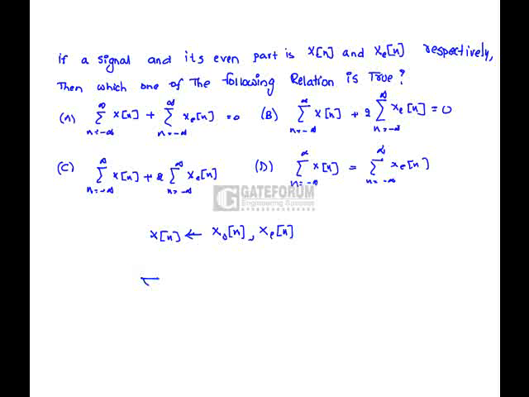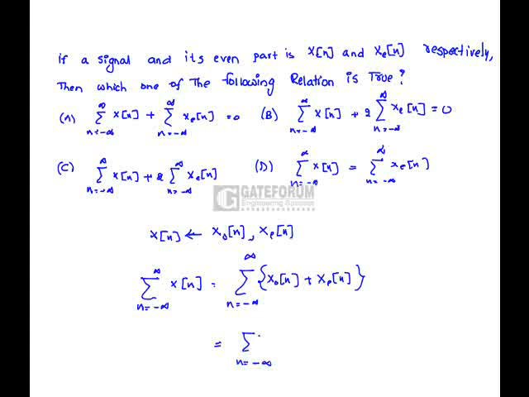So the summation over minus infinity to infinity of x of n can be written as the sum from minus infinity to infinity of the odd part of n plus the even part of n. So we can separate the odd term as well as the even term. Summation is separable, no problem at all.